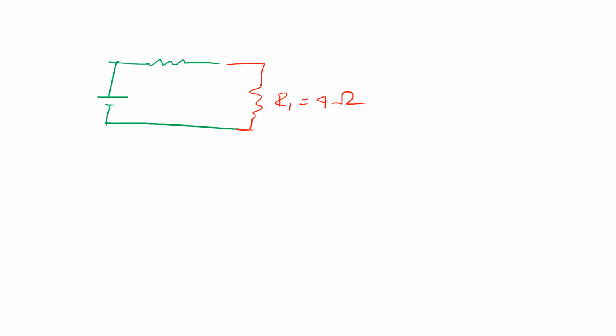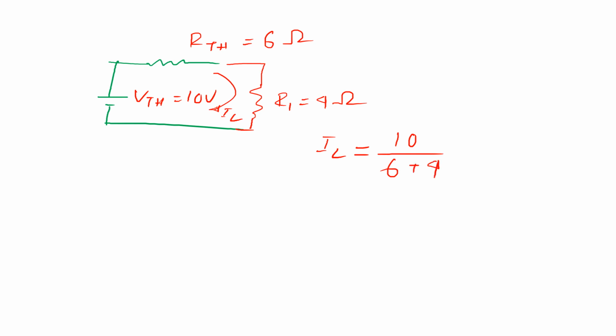After conversion, the Thevenin's equivalent circuit will look like this. It consists of Vth, and again you have to connect a load resistance, and here the load resistance is R1, 4 ohm, and this is Vth 10 volt, Rth 6 ohm. Now you assign a current IL flowing through this resistance R1. So IL is equal to 10 by 6 plus 4, that is 1 ampere.